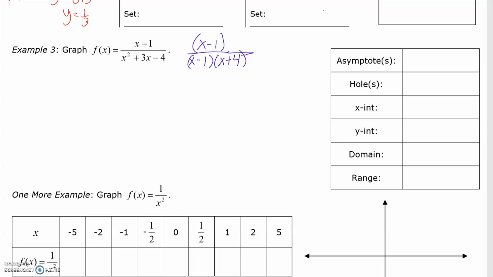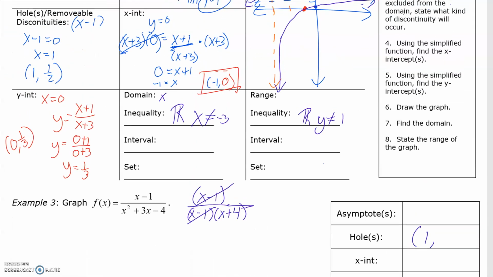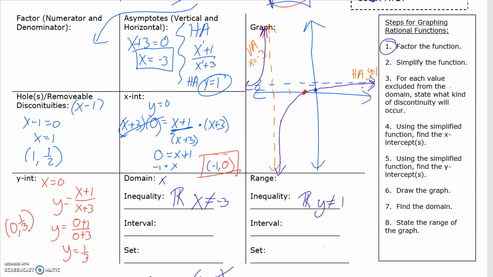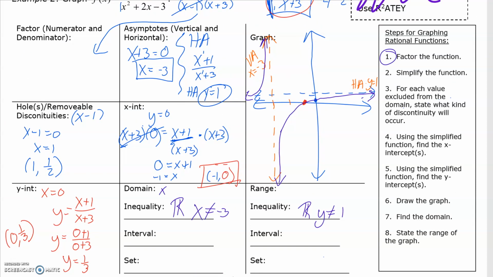Now I notice in the numerator and in the denominator we have a removable discontinuity at x minus 1. That means when x is 1, we're going to have a hole right there. Sorry, I forgot to put the hole up here. So at (1, 1/2), which is right here, we're going to have an open circle.